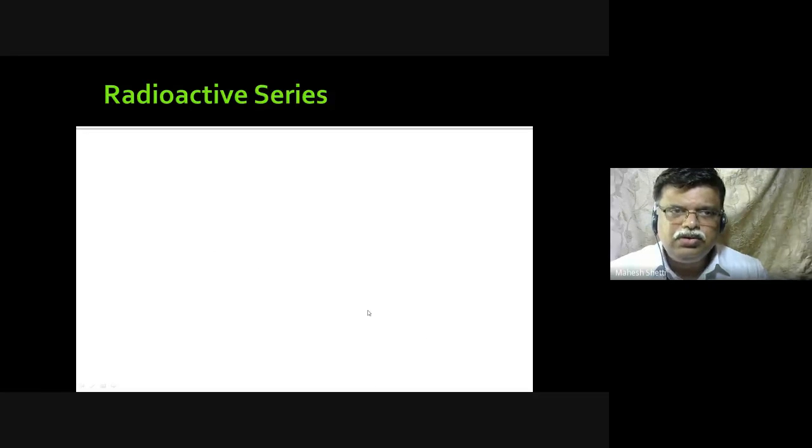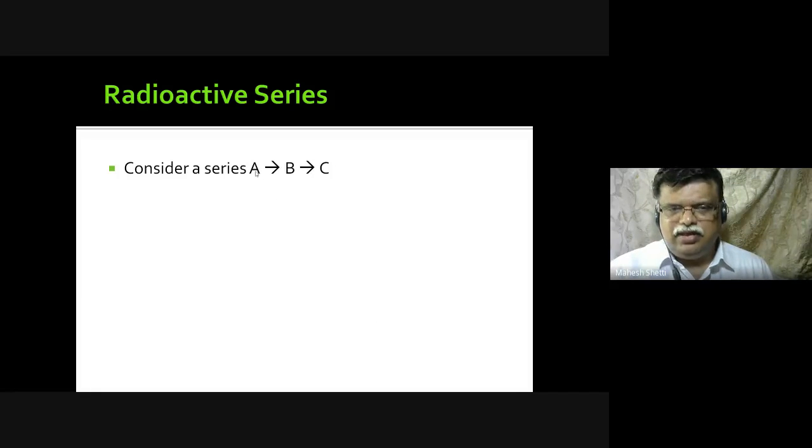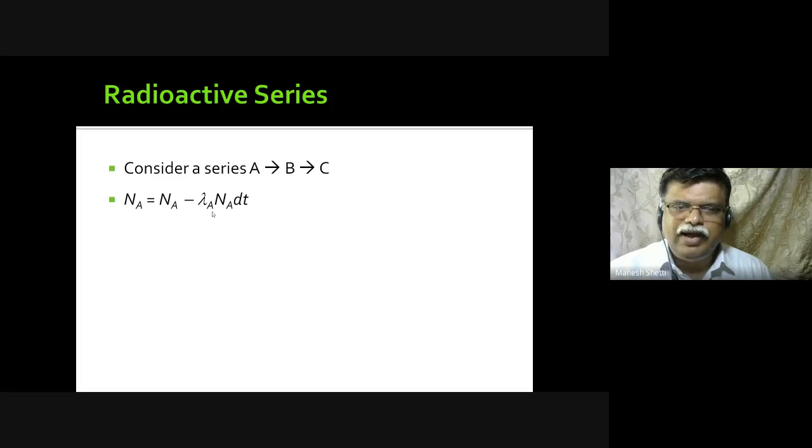But let us go to a radioactive series problem. What is this problem? You have got a series A disintegrating into B, B disintegrating into C. A is radioactive with some decay constant lambda A, B is also radioactive with a decay constant lambda B, and C is going to be a stable product.